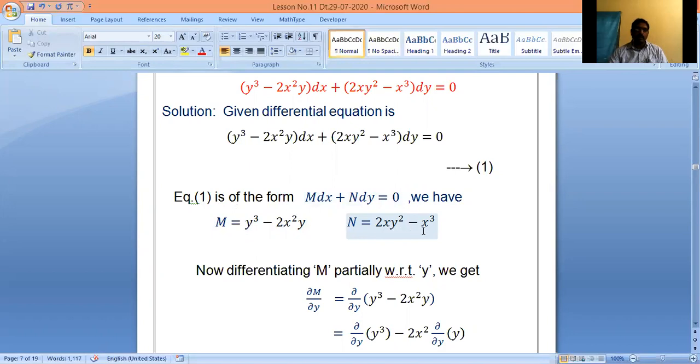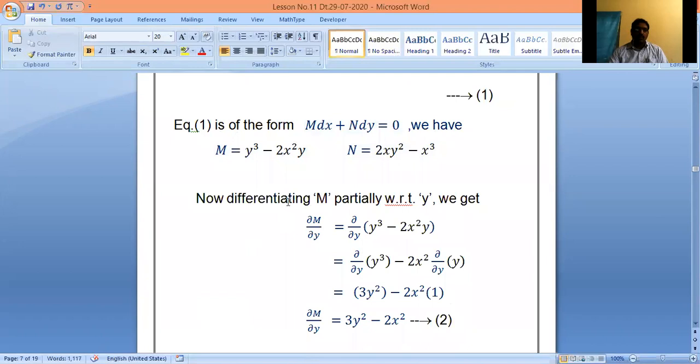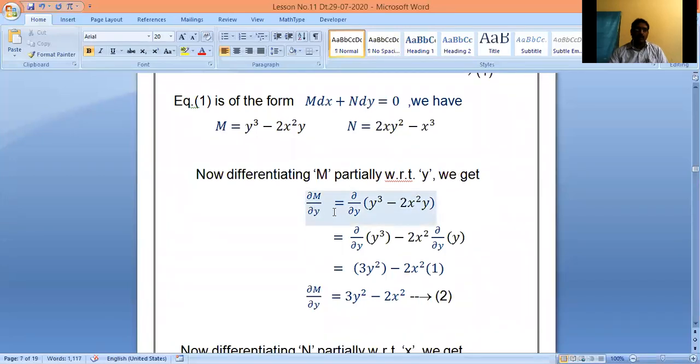Now differentiating m partially with respect to y, we get dou m by dou y is equal to dou by dou y of (y cube minus 2x square y). Differentiating partially with respect to y, treating x as constant, in the second term, minus 2x square is constant.